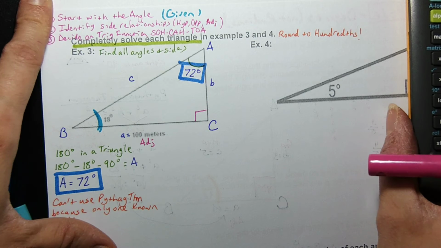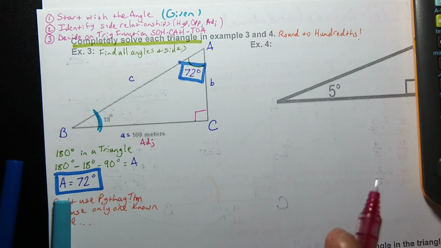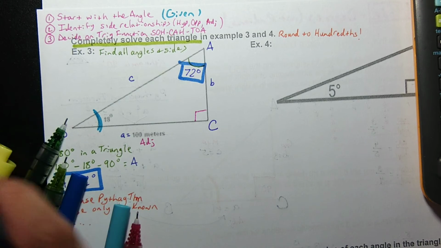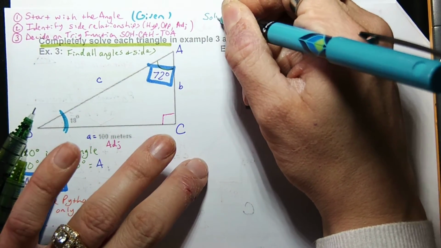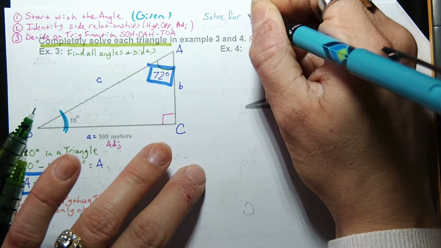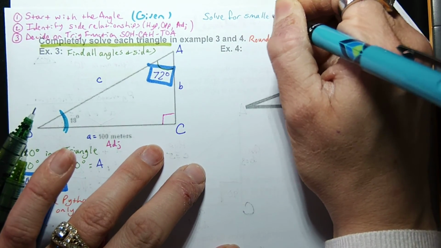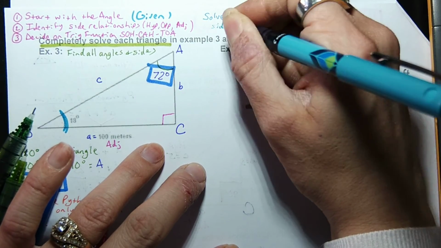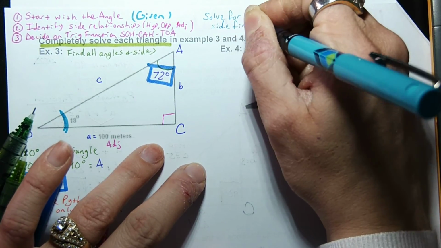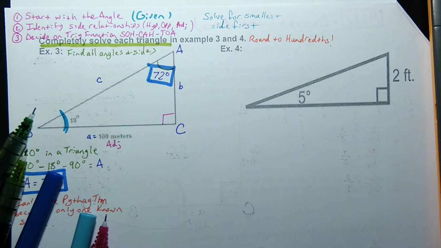Now, we want to always find the smallest side first. So we're going to write that as a feature with this as well. Solve for smallest side first. Why, Miss Cairo?